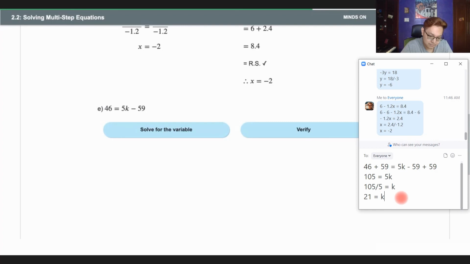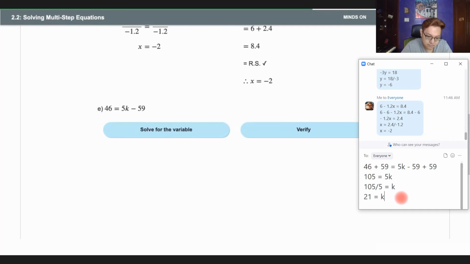So it's 59. Bring it to the left side, so it becomes addition. So 46 plus 59 is equal to 105, equal 5k.